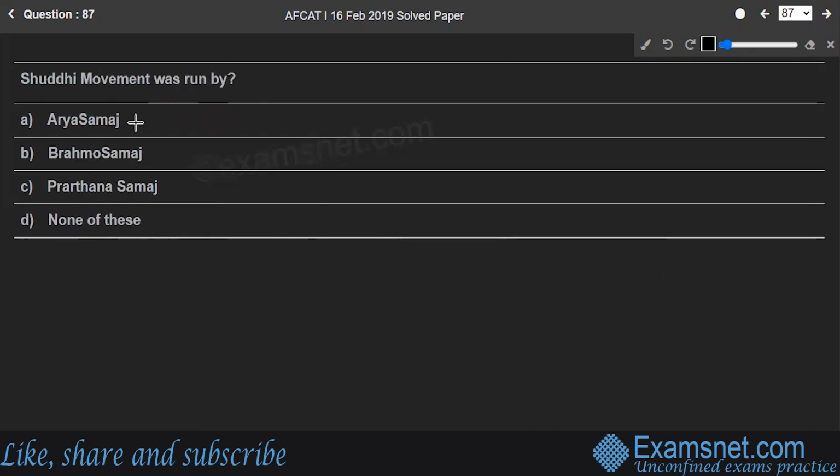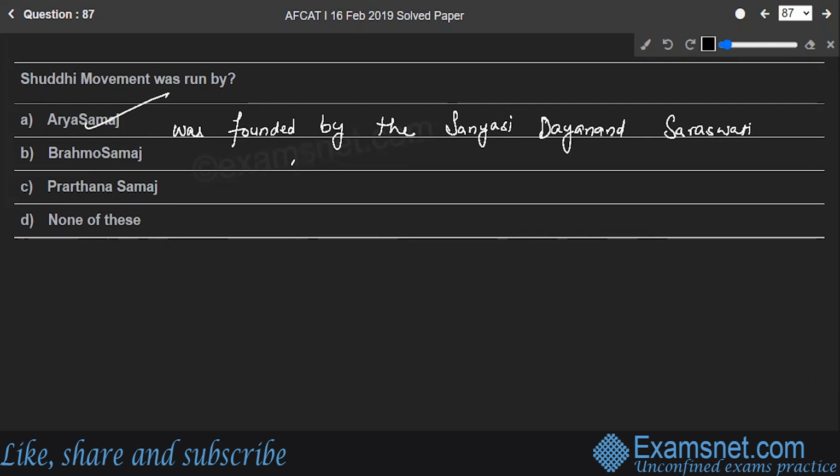Shuddhi movement was run by Arya Samaj, Brahmo Samaj, Prarthana Samaj, or none of these? Well, the correct answer is Arya Samaj. Arya Samaj was founded by Sannyasi Dayanand Saraswati on April 10, 1875.